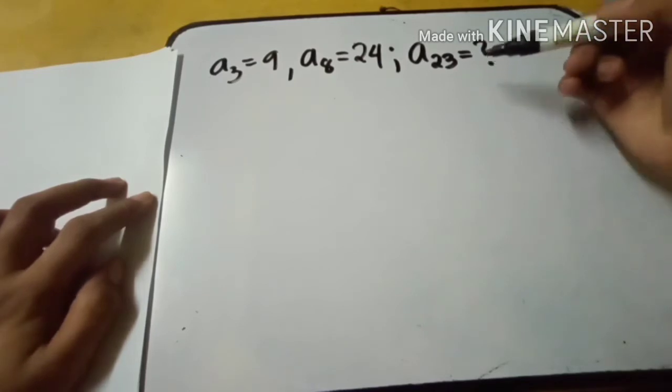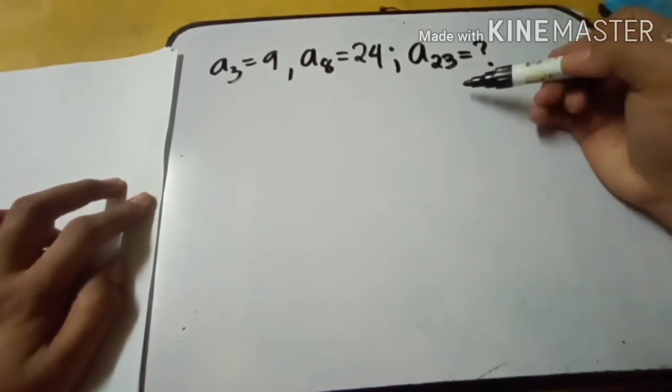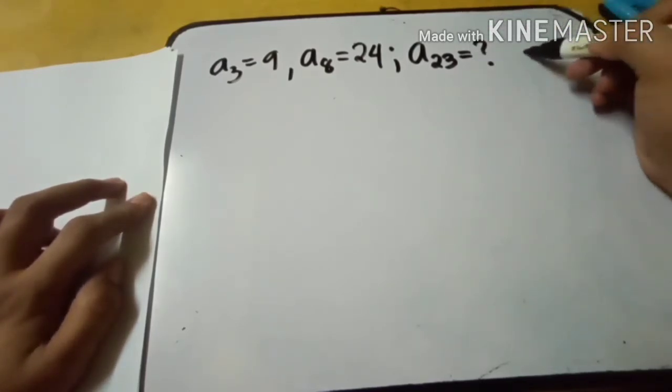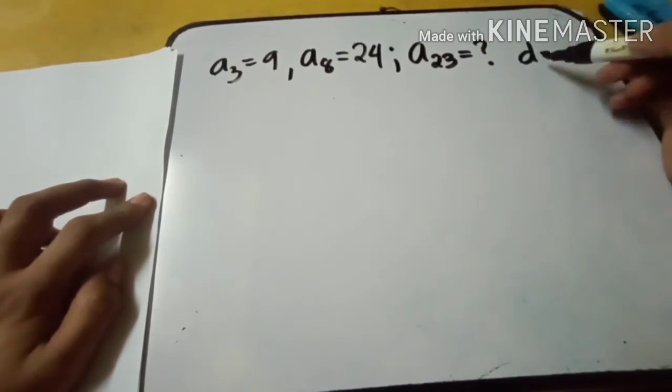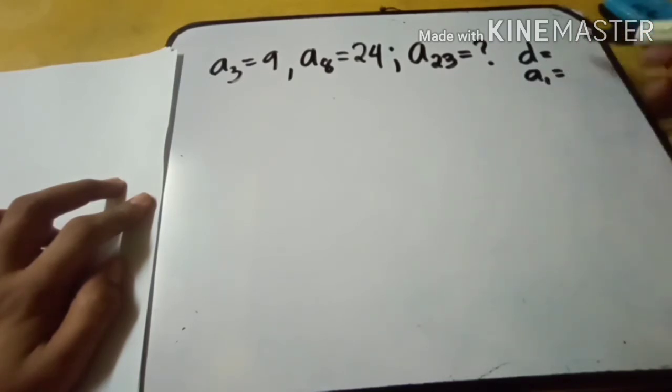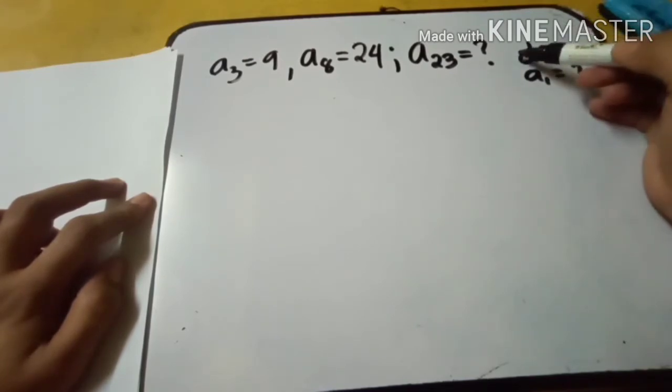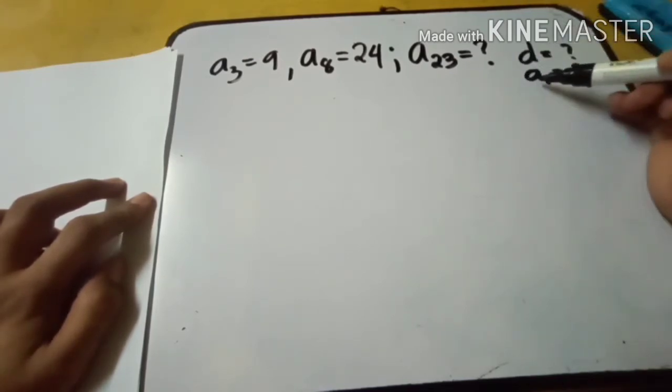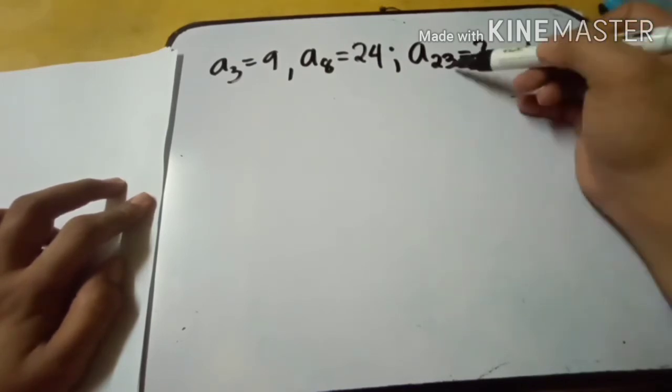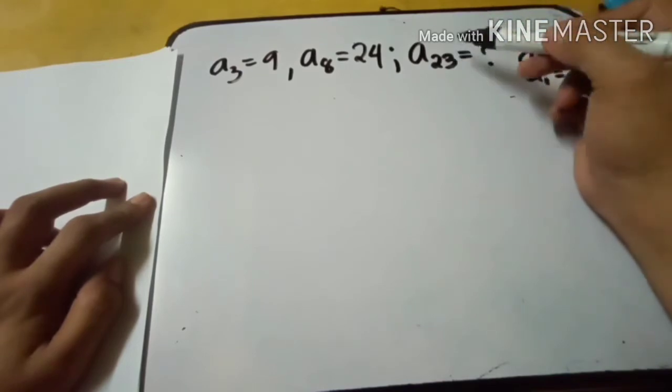But in this case, we have to find first the value of the common difference as well as the value of the first term. Because if we have the value of the common difference, it will lead us to the value of the first term, and also we can now find the value of this problem.